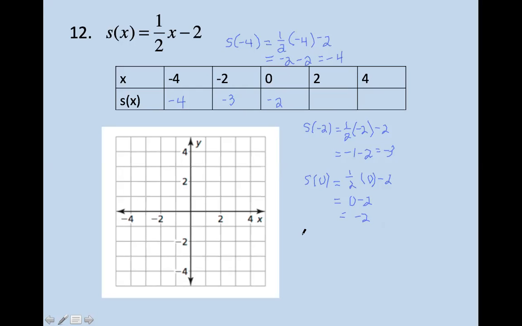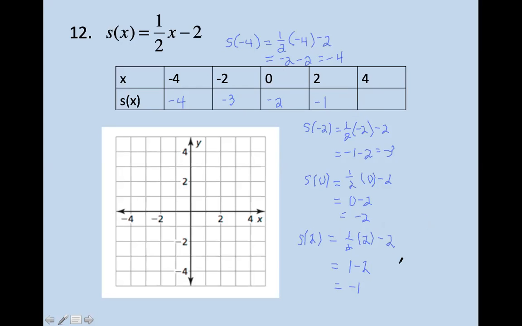Okay, we do it again with 2. S of 2 is 1/2 times 2 minus 2. Half of 2 is 1. And 1 minus 2 results in -1. Okay, one more to do.